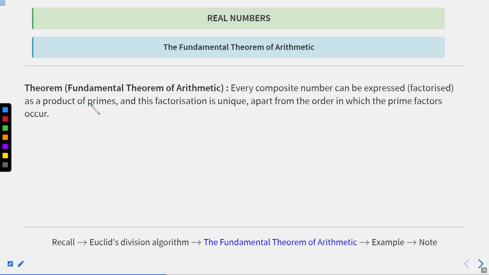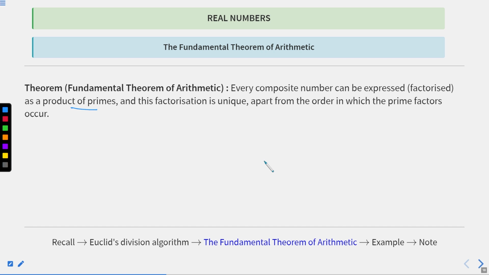It states that every composite number, and you all know about composite numbers, a number which has more than two divisors other than one and itself, can be expressed or factorized as a product of primes. This factorization is unique apart from the order in which the prime factors occur.